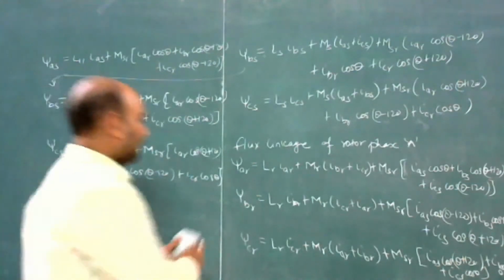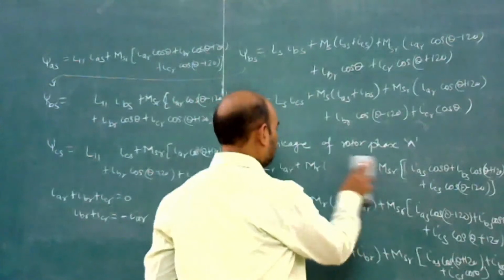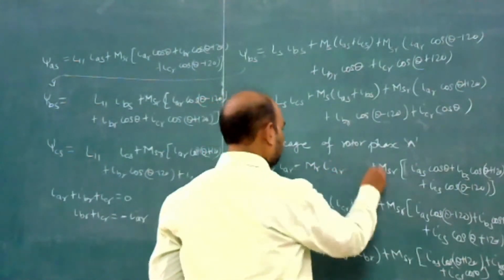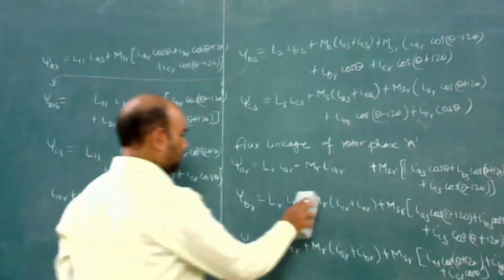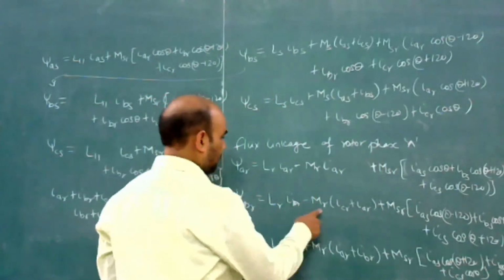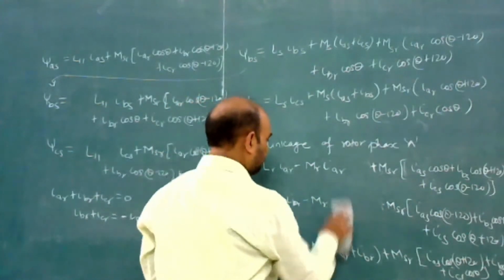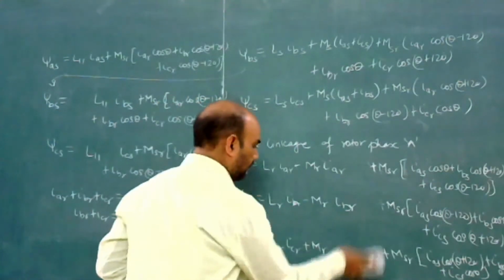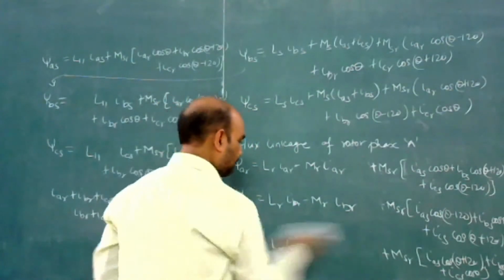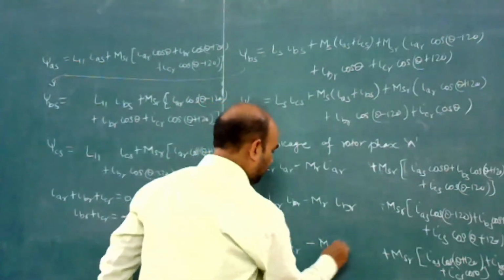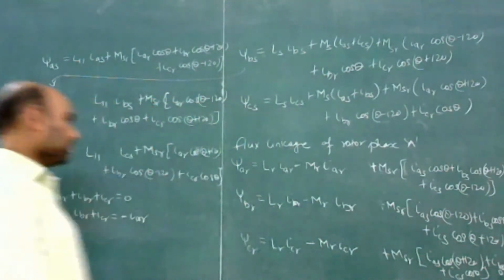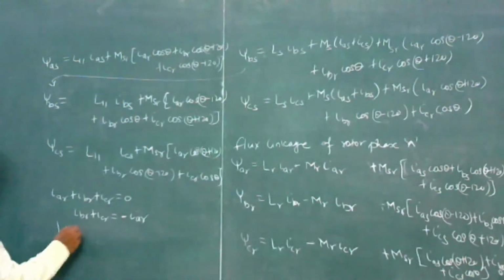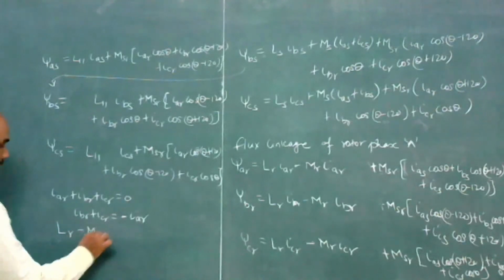So this can be written as minus MR IBR, and this will be ICR, minus ICR. Taking LR minus MR common here, LR minus MR is equal to L22.